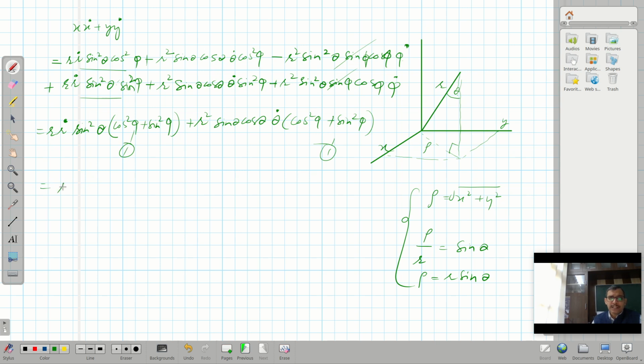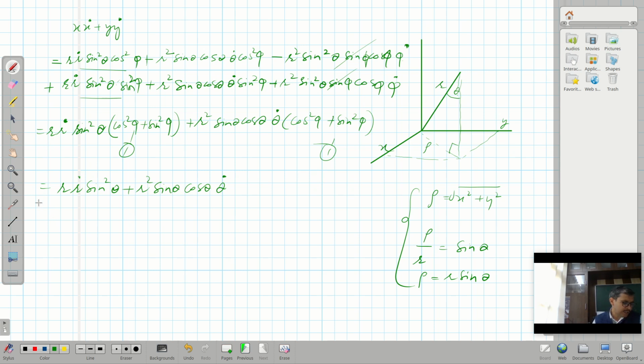So it is r dot sine square theta plus r square sine theta cos theta theta dot, because what we are interested to find out is r theta dot.